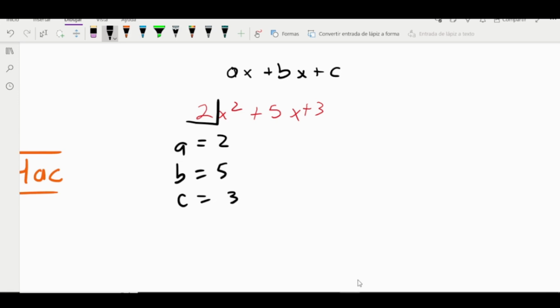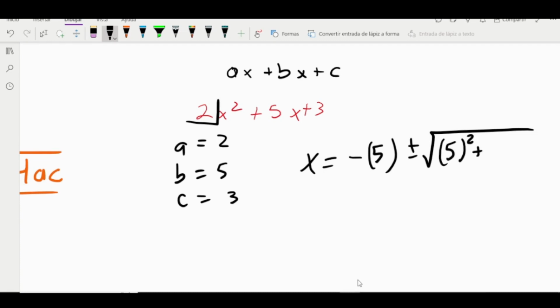Okay, and we apply the quadratic formula with the substitution. So it's going to be minus 5 plus minus the square root of 5 squared plus 4 times 2 times 3, divided by 2 times 2.